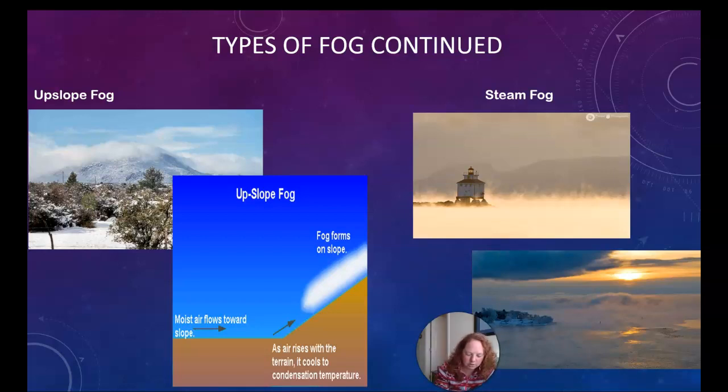Once upslope wind ceases, the fog will dissipate. It's common among the Rockies and can extend up to higher altitudes. Steam fog forms when very cold air moves across relatively warm water, so that enough moisture may evaporate from the water surface to produce saturation.